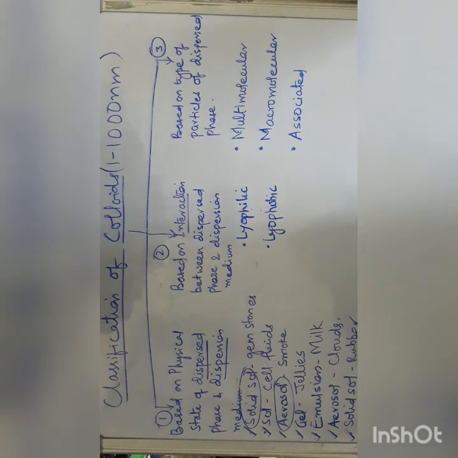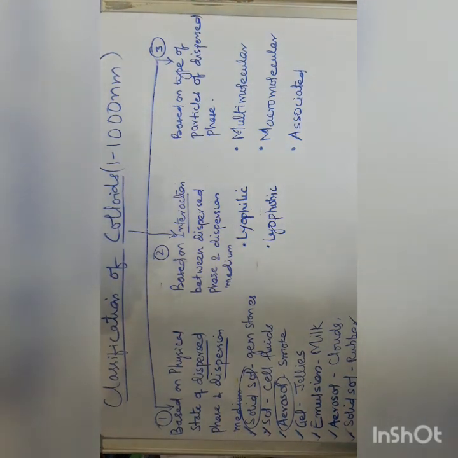Lyophilic colloids are those colloids in which the dispersed phase has affinity for the dispersion medium. When we say dispersed phase has affinity for the dispersion medium, it means such colloids are more stable because the particles of dispersed phase will be held to the particles of dispersion medium.